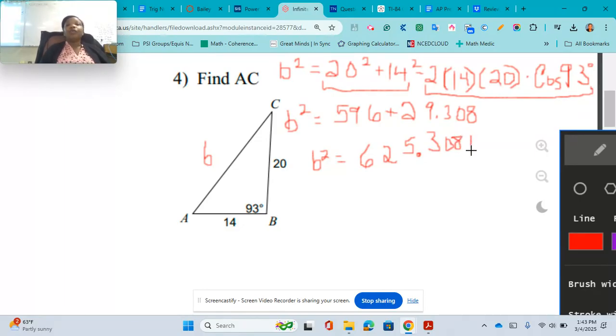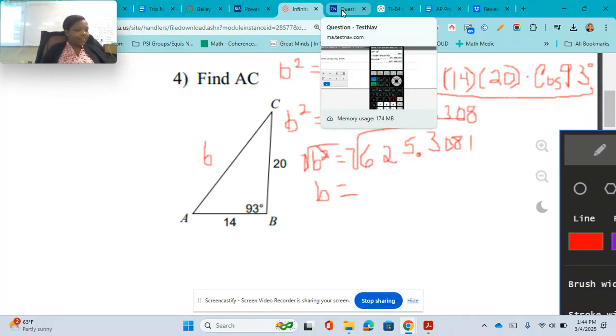All right. The last step to get b by itself is what? Excellent. Square root. The square root gets rid of the square. And b equal, what was it? 25.